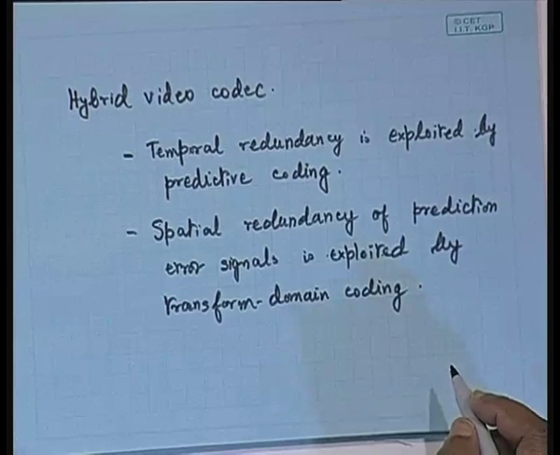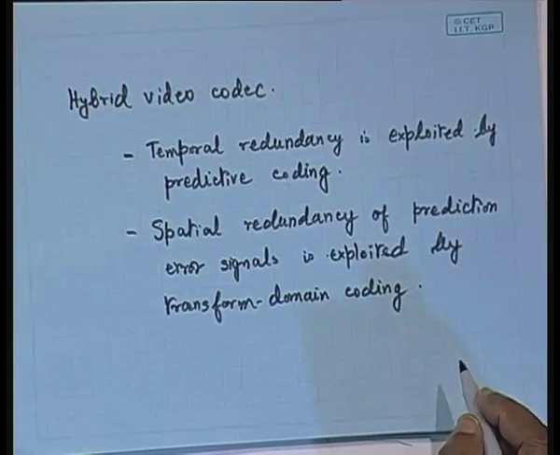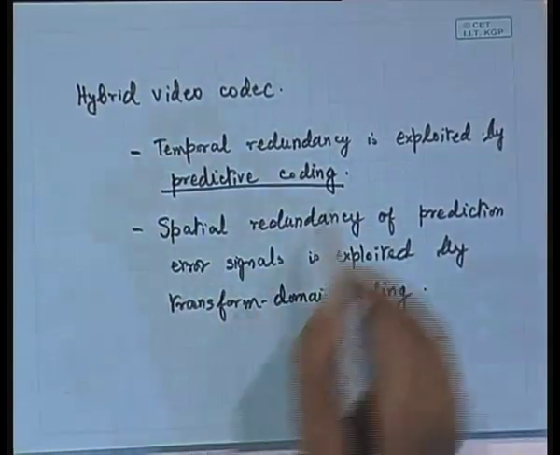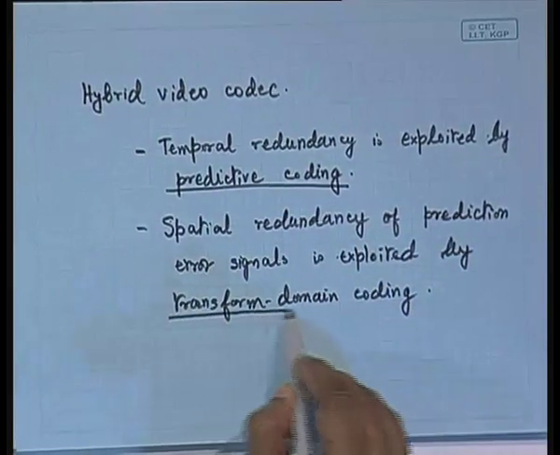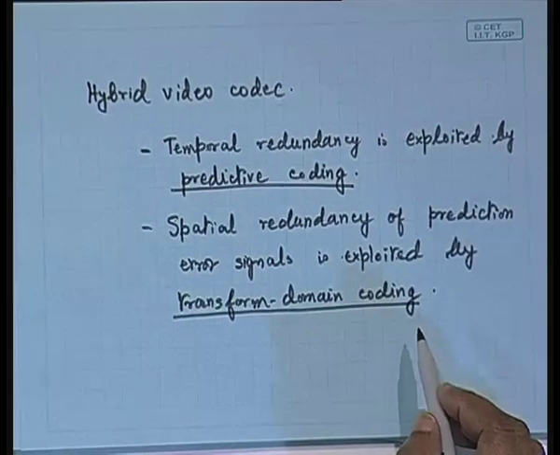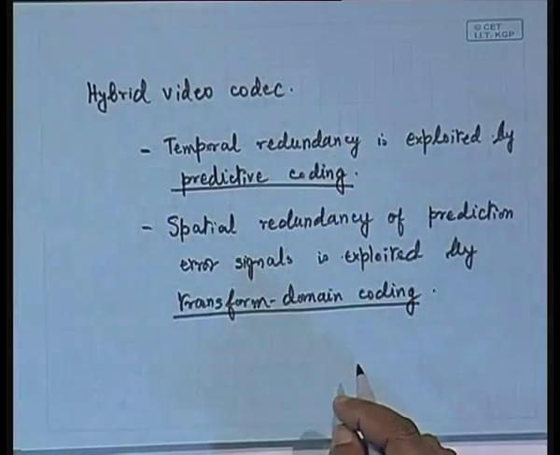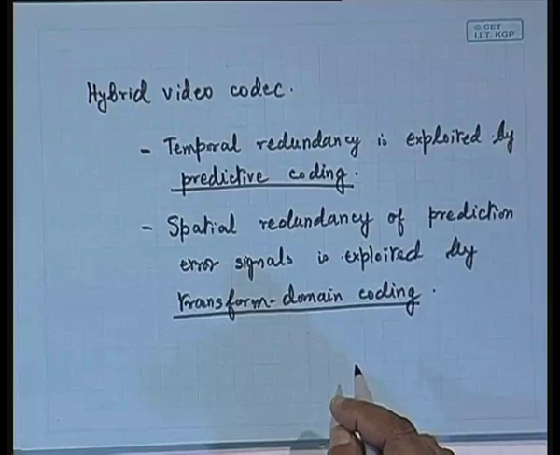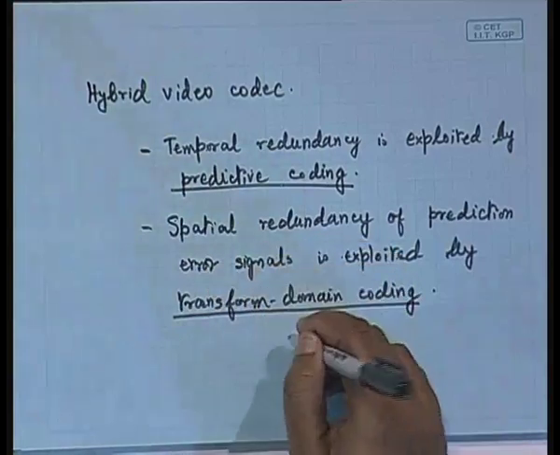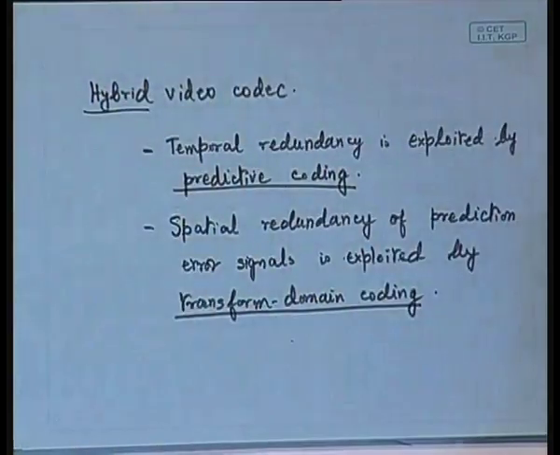So, in the video encoding process that we are going to utilize, we are going to have a combination of predictive coding for temporal redundancy and transform domain coding for residual spatial redundancy. We can call it a residue. Why residue? Because it is the temporal prediction error that we are encoding through the transform domain. So, it is a combination of predictive and transform domain coding, and that is why this is called the hybrid video codec.